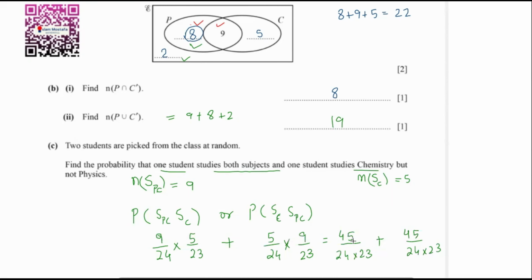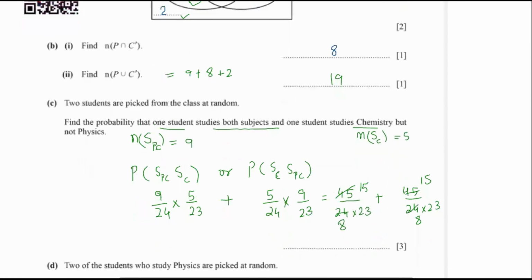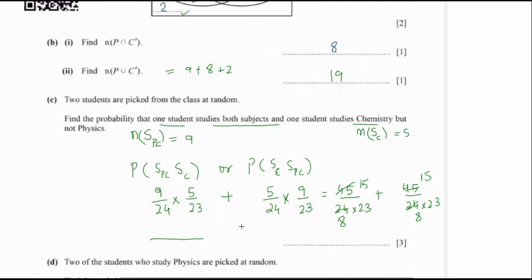Now we simplify it. You see here, 3 times 15 is 45, 3 times 8 is 24, and the same here, 15 over 8. Now we can write it as 8 times 23 is 184, and therefore the denominators are the same.